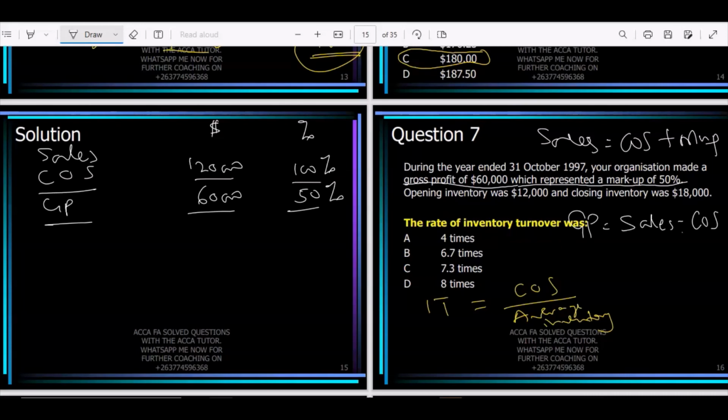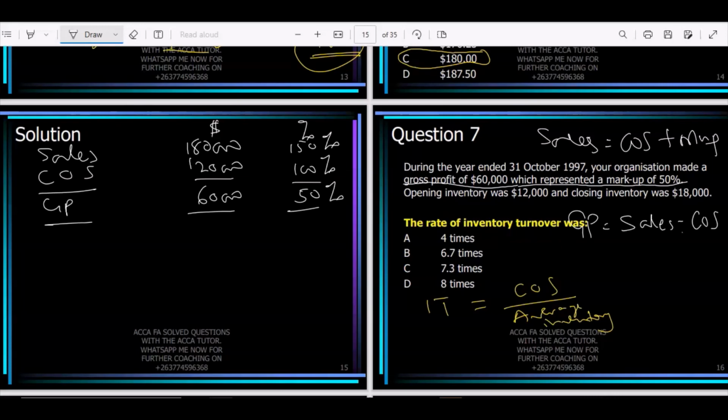Okay, and then if the cost of sales is 120 and the markup is 60,000, therefore the sales should be 180,000. Okay, 180,000, which represent cost of sales 100% plus 50%, which is a percentage of 150%.